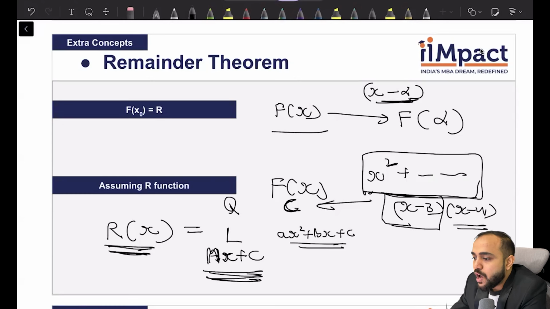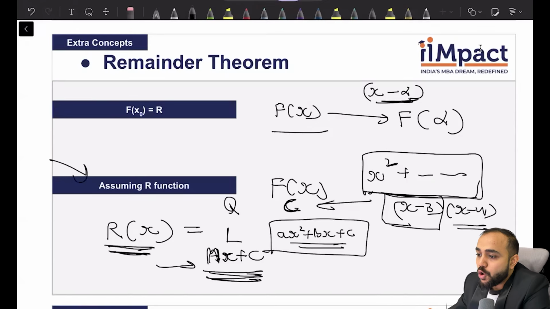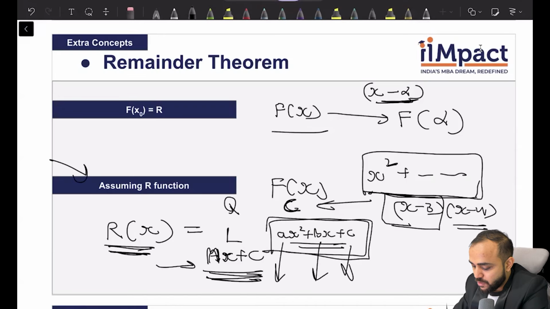You now have two equations, two variables, you will be able to solve. If it's a cubic, then you will assume the remainder to have this format, ax square plus bx plus c. Then all it remains for you is to find the value of a, b, and c. Your answer will be of the format ax square plus bx plus c, and the values of a, b, and c you can find by the information that is given. So the only thing of note would be that the power of the remainder will be 1 degree less than the divisor.